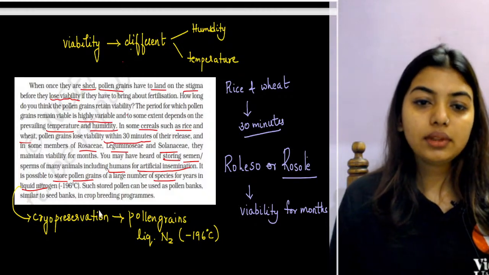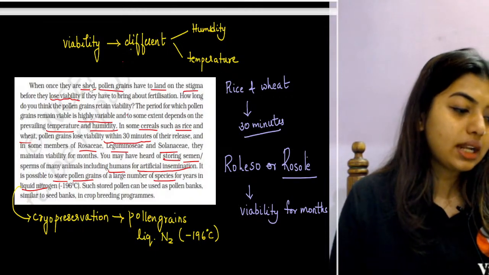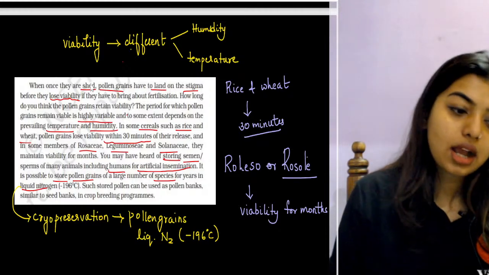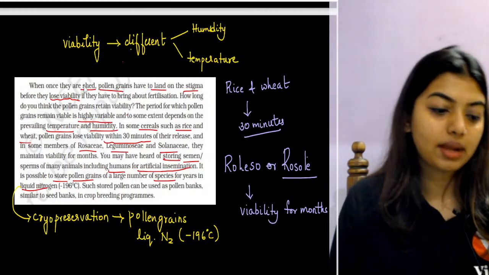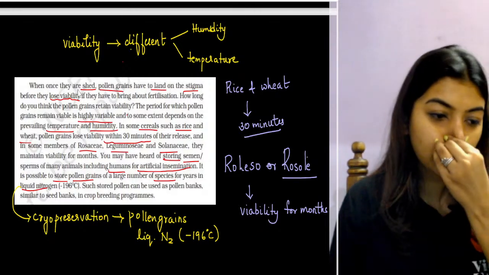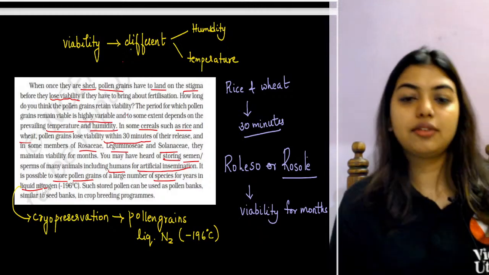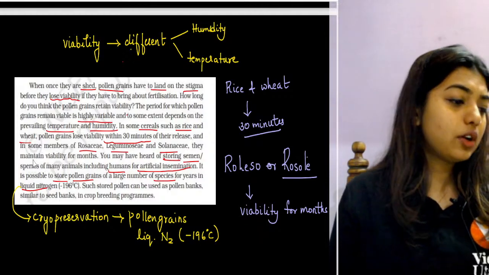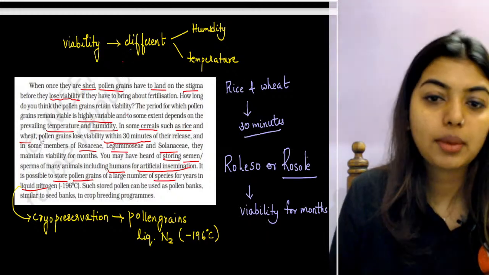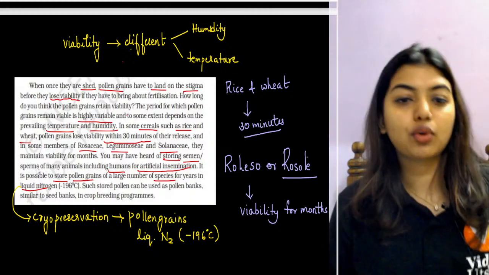Such stored pollen grains can be used later at different stages. Like how we have blood banks, we also have pollen banks. Clear? Yes, fine. So we spoke about allergies, we spoke about the pollen seed bank, and we also spoke about cryopreservation.